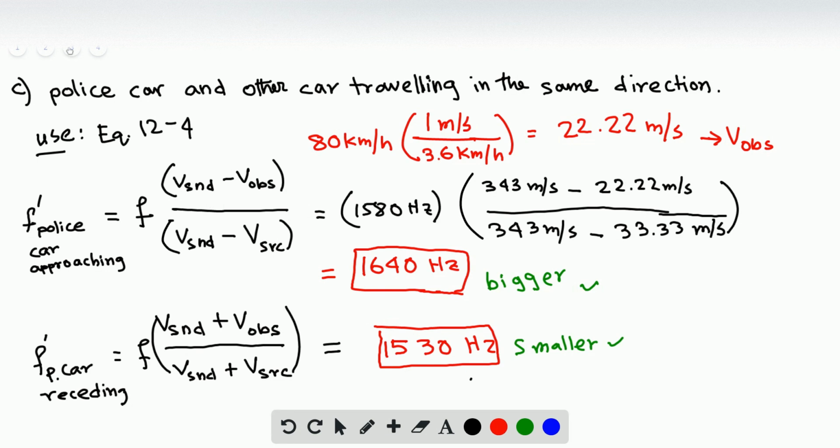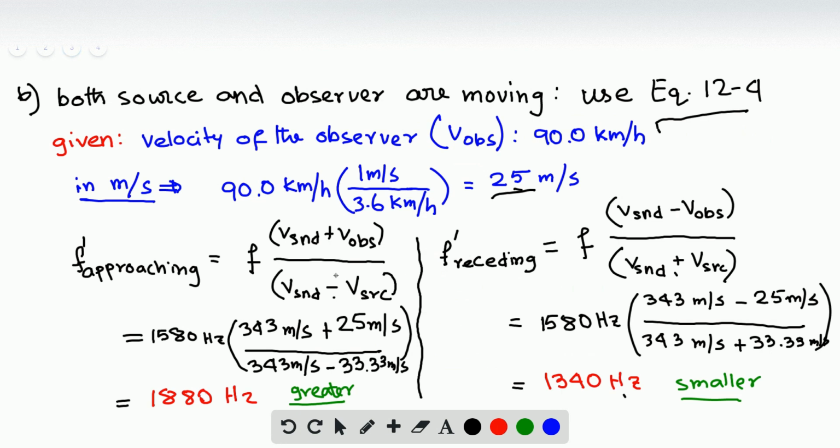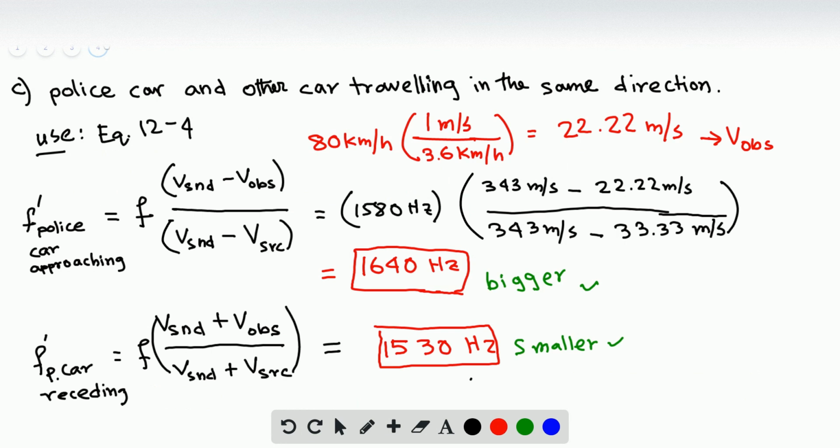Using the same equation 12.4, the one that calculates approaching has a negative sign on top, and a positive and negative sign as before at the bottom.